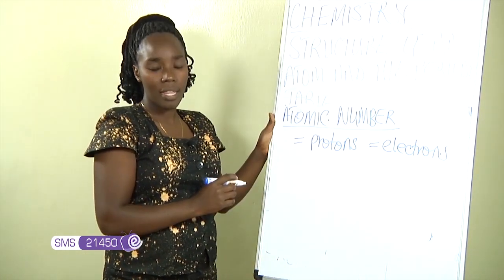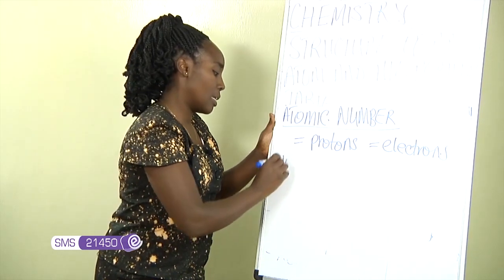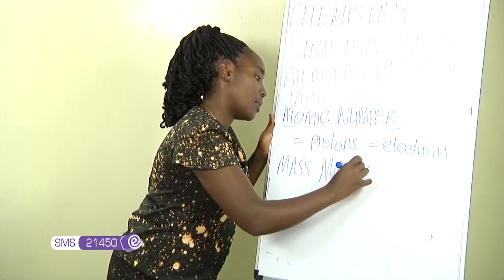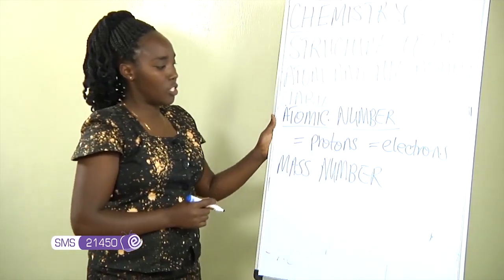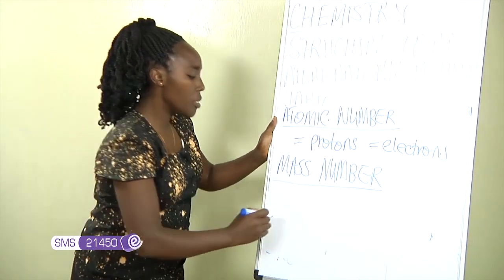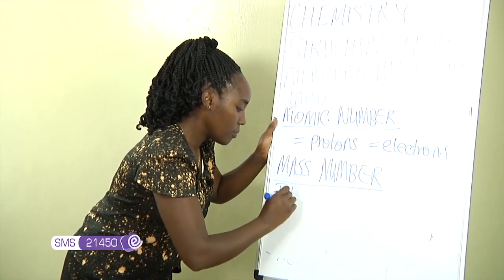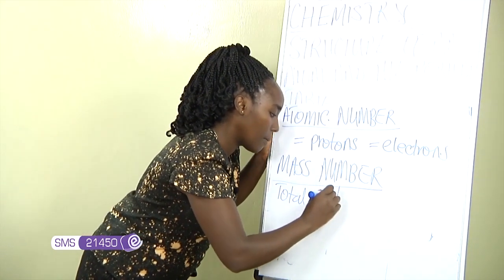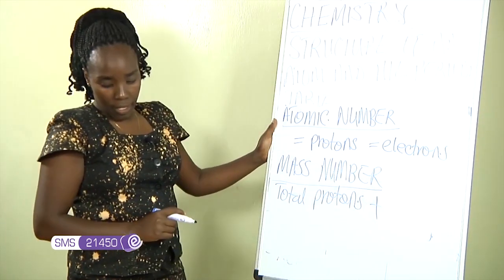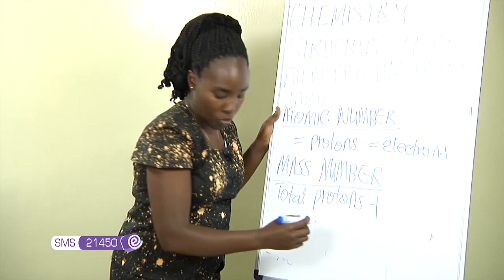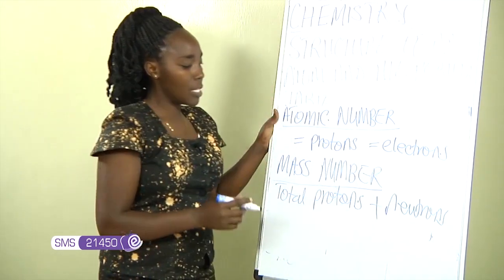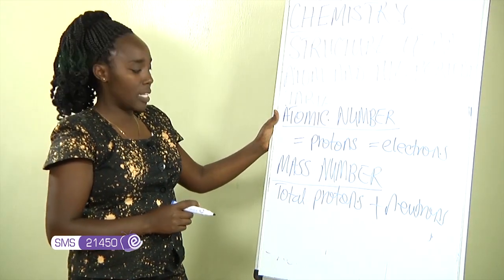We also have another term that we can define, that is mass number. Mass number, still from the structure of our atom that we have. The mass number is always the total number of protons plus the total neutrons that are found in the nucleus of an atom.